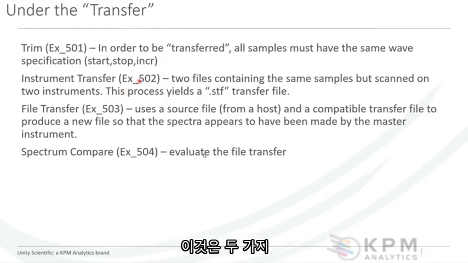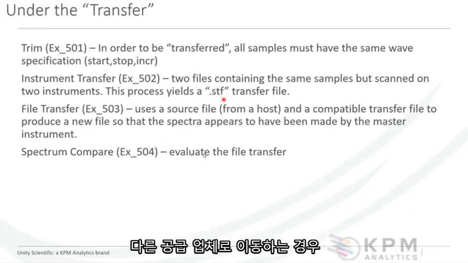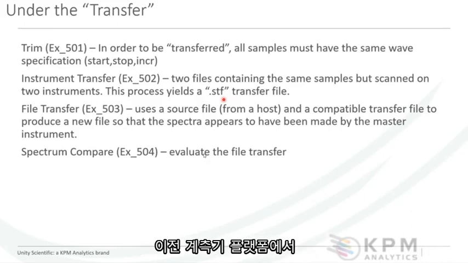The second experiment is looking at samples scanned on two different instruments. The STF file is a file that describes the differences. This might be, for example, if you're moving from one vendor to another, you can move your calibration from a previous instrument platform to a new instrument platform.